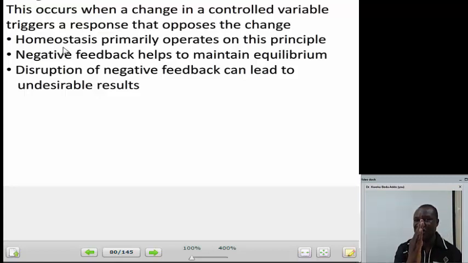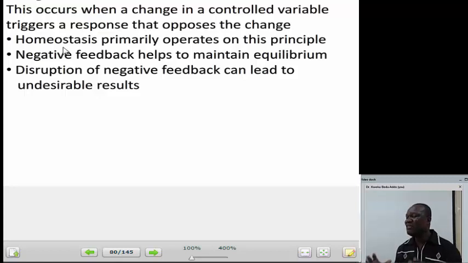Now, if there should be a factor that is moving it in this direction, and I ensure that it's brought back to its normal position, this will be said to be a negative feedback. There is a change, and I'm forcing it to bring it back to its original position. I'm opposing the change to maintain the status quo. Then I have a negative feedback response.